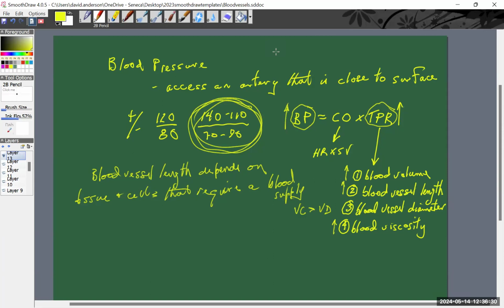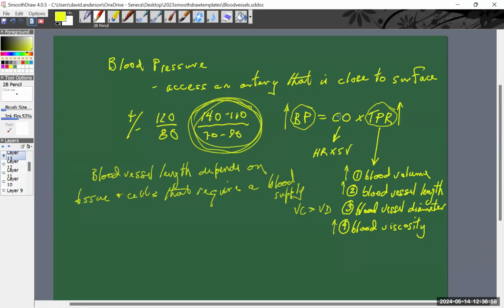So if you look at this equation and we say, what would you expect is going to happen to blood pressure during exercise? Would blood pressure go up during exercise or down during exercise? It would go up. Yeah, it would go up because we understand that cardiac output has to go up during exercise, right? Or any other fight or flight scenario.